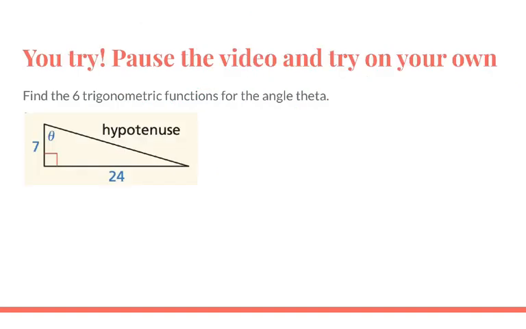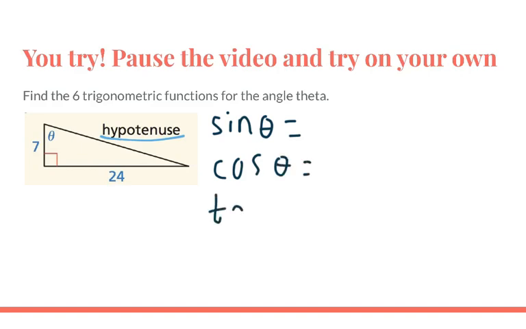Okay, so I'm going to have you try that exact same thing on this triangle pictured. Let me get you just started with the setup. Since we don't know the hypotenuse, your first step is going to be use the Pythagorean theorem to find the hypotenuse. Once you have the hypotenuse, I would set up your paper like this. Sine of theta equals, so you're going to do sine, cosine, tangent, following just the order of SOHCAHTOA.